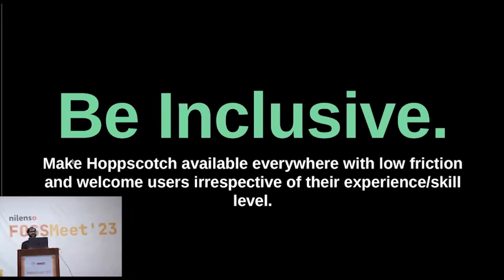This can be from the engineering perspective, but also from other perspectives where we are thinking about the product, the UI, UX and the design. The other thing is that we are building a product where we want Hoppscotch to be integrated. Once the project grows and we improve things, we want Hoppscotch to be integrated into every aspect of API development and integration.